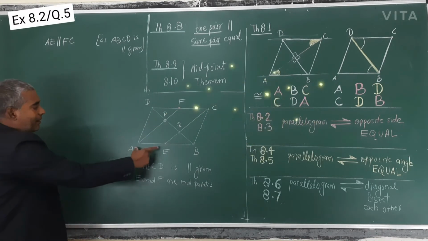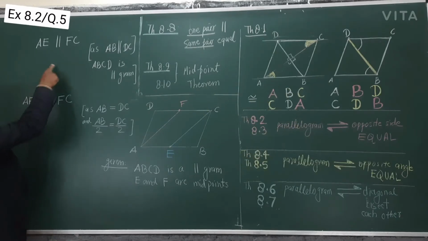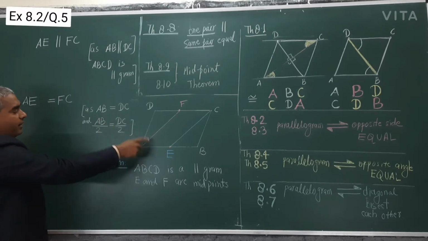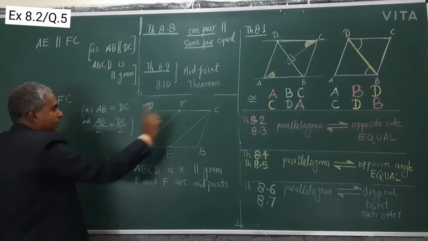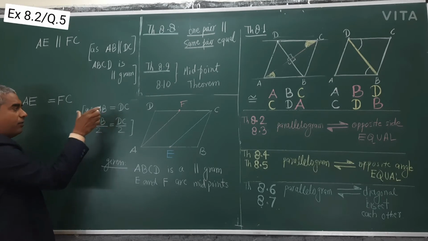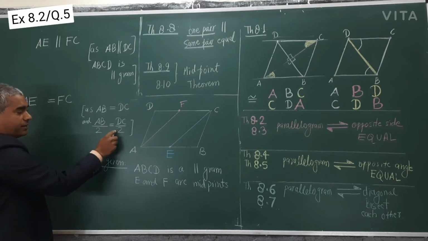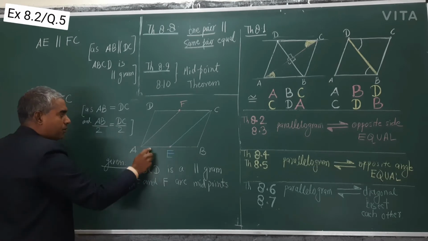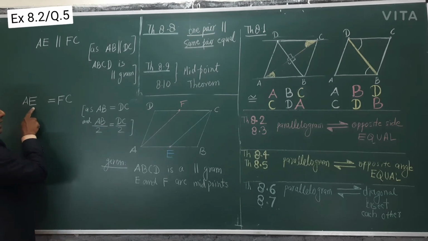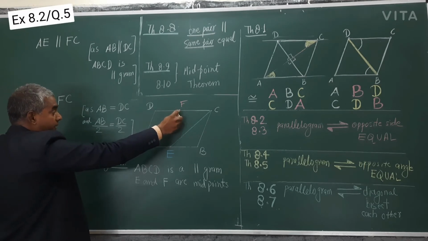Okay. Then AE is equal to FC, as AB equals DC, because these are the opposite sides of a parallelogram, and AB upon 2 will be equal to DC upon 2. AB upon 2 is AE, DC upon 2 is FC, because this is the midpoint now.